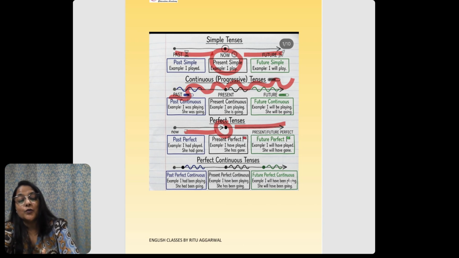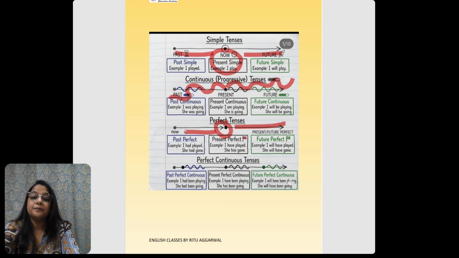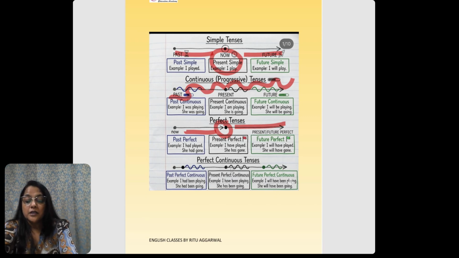So the situation is she has already played. Again, when we talk about continuous tense, you can see the dot and the movement of the flow. So I have been playing, she has been going.